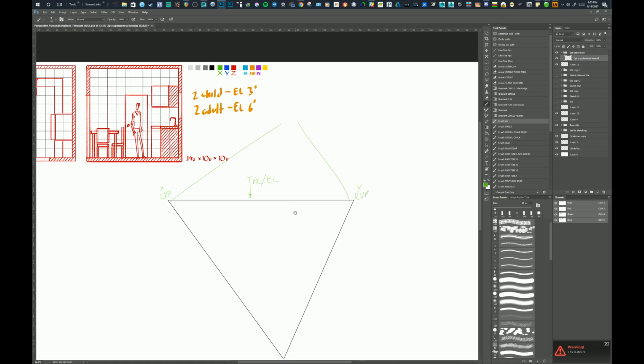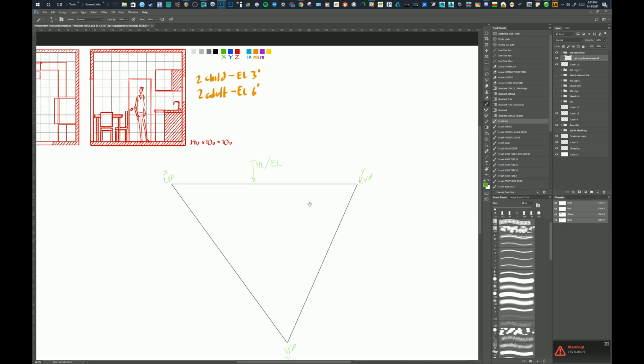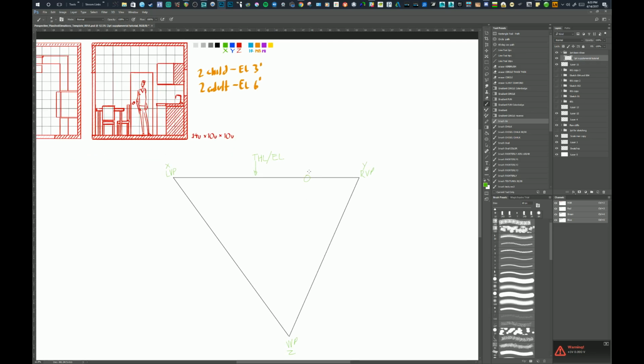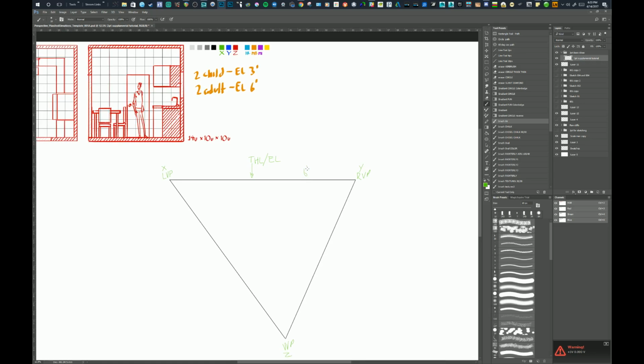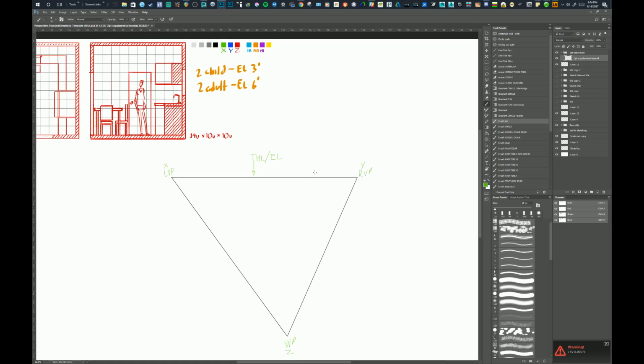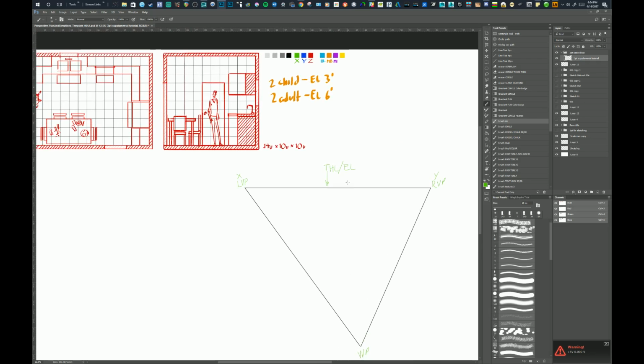If I have a 3-foot person, then this would be 3 feet in the air. If that 3-foot person was on a 3-foot box, then this horizon line would be 6 feet in the air. If it's a 1-foot person on a 25-foot box, then they would be 26 feet high. So right now, in this particular case, we are either 6 foot or 3 foot.